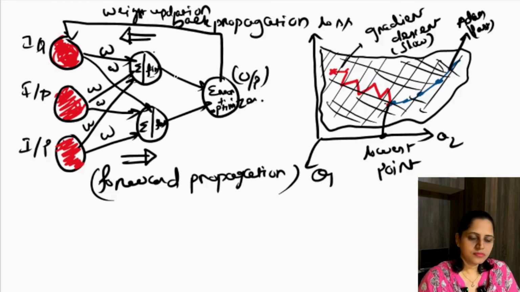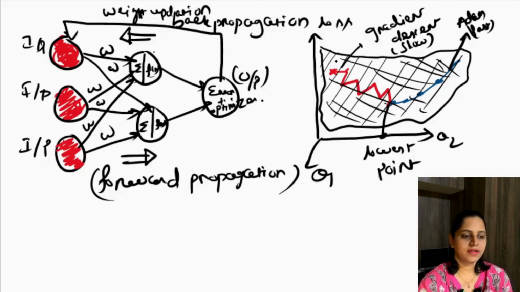In this image I have shown a comparison. Even though gradient descent is a good optimizer, it is not an effective optimizer, because Adam is going to be faster compared to gradient descent. My gradient descent takes different oscillations, right?